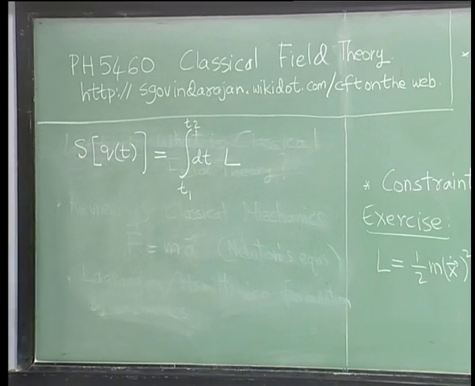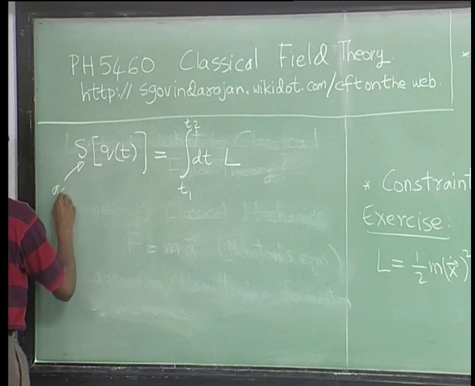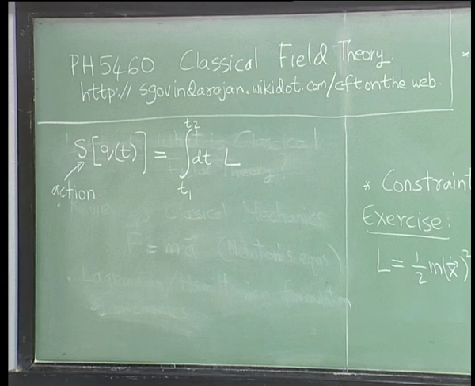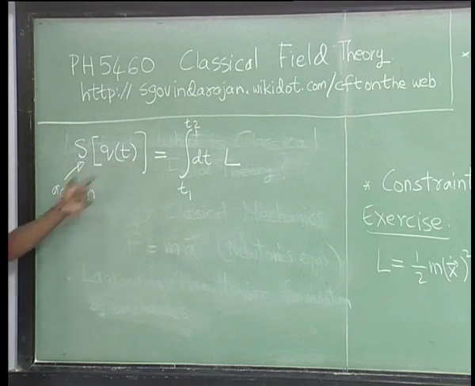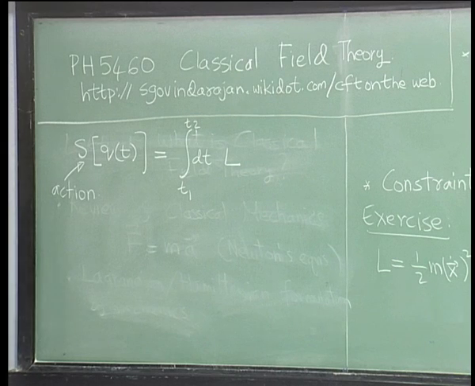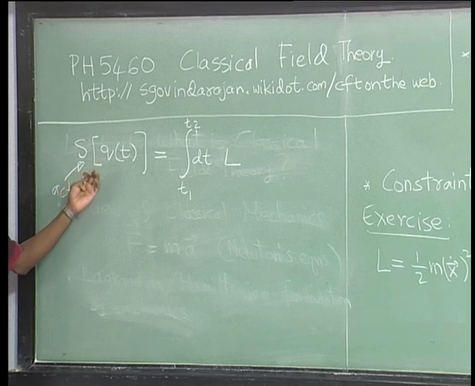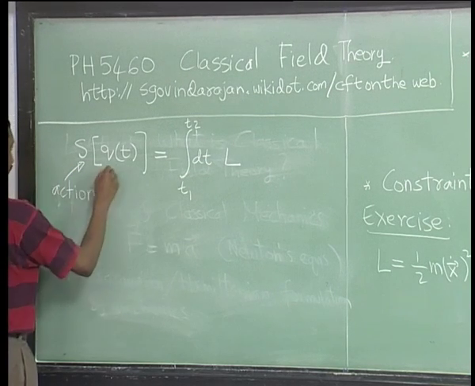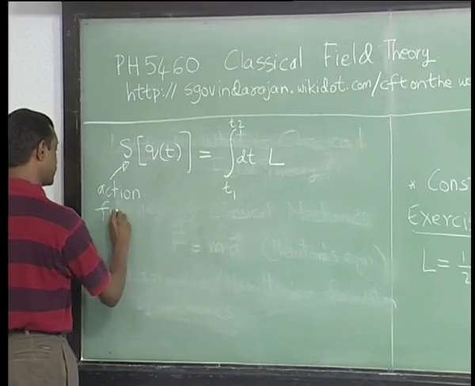Okay. So, this is the action. This is similar to a function, except that as its argument it is taking a trajectory, which is another function, or many functions depending on how many degrees of freedom. So, this is an example, it is called the action functional.